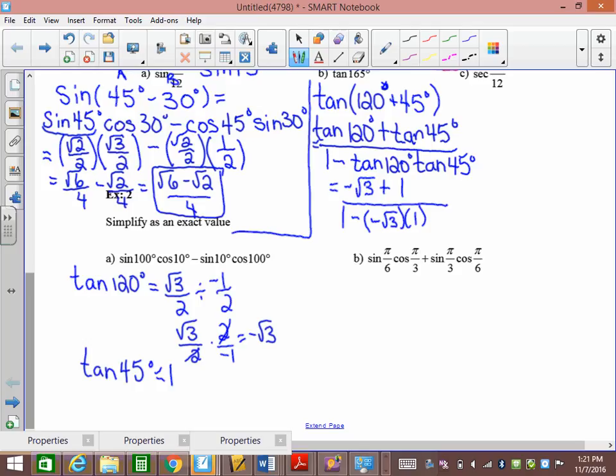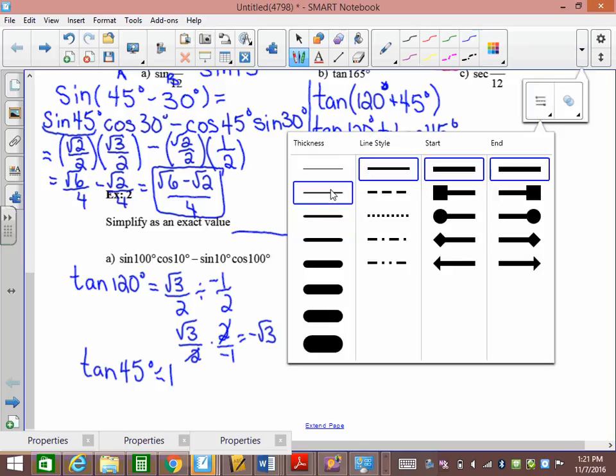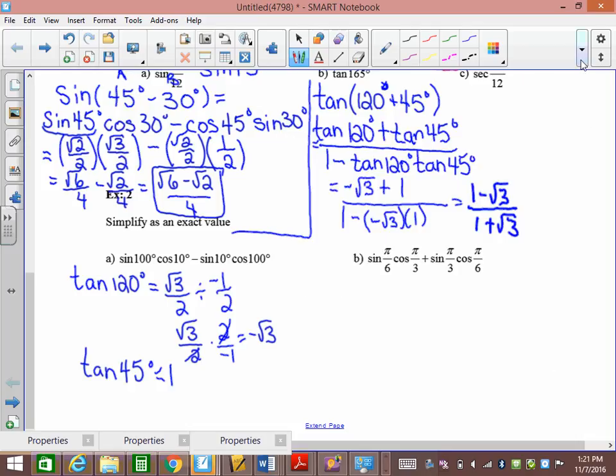So I'm going to rewrite it as 1 minus root 3 over, this would be 1 plus root 3. That answer isn't wrong. That answer just won't be there. Your denominator will be rationalized. You won't have radicals in it.